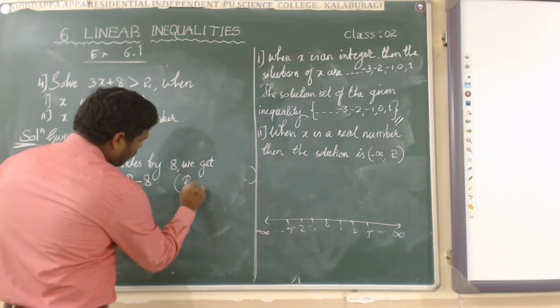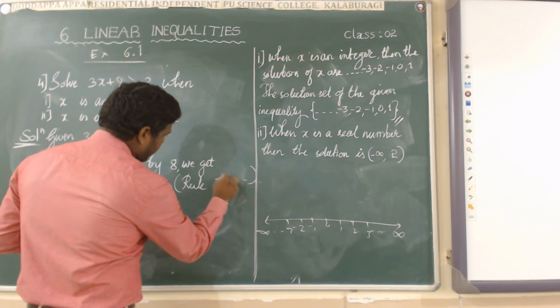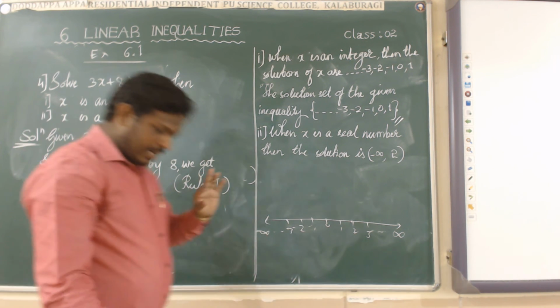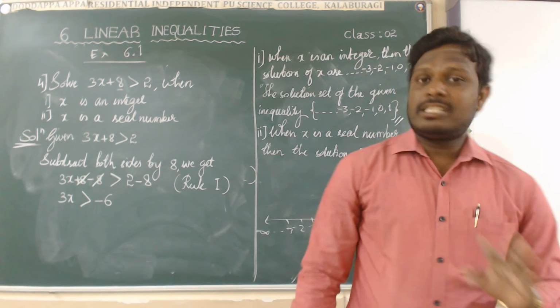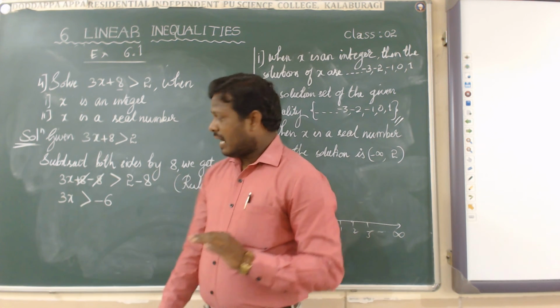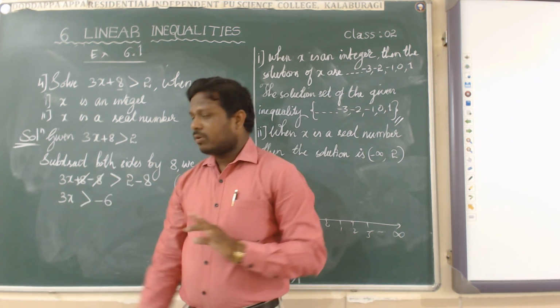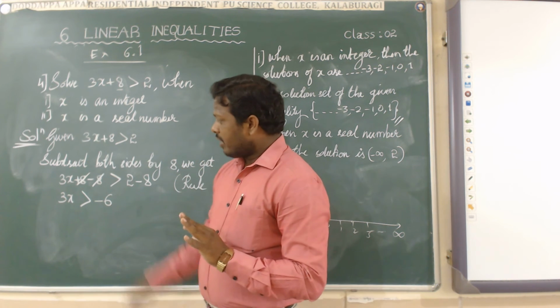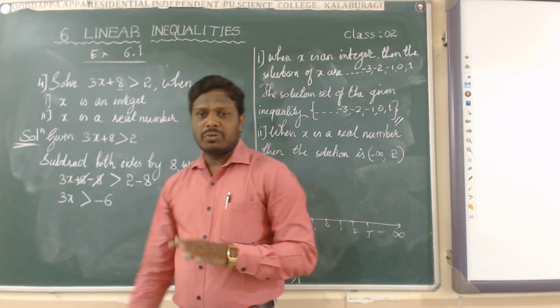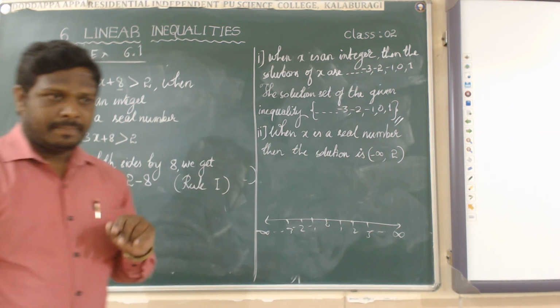Now we still can't see the coefficient of x as positive 1. Here the coefficient of x is 3. Until we get positive 1, we have to apply the rule. Getting my point? Yes, again we have to apply the second rule here.